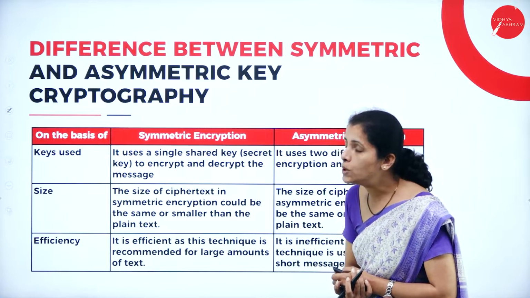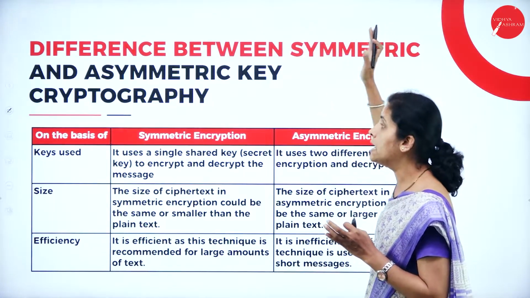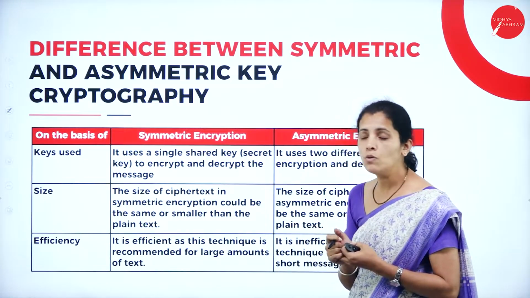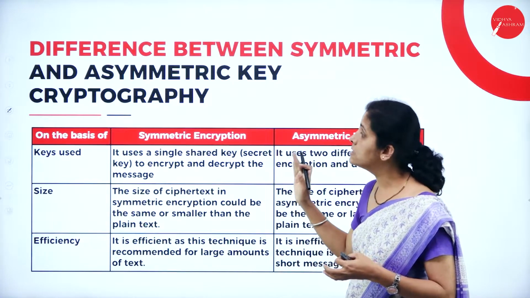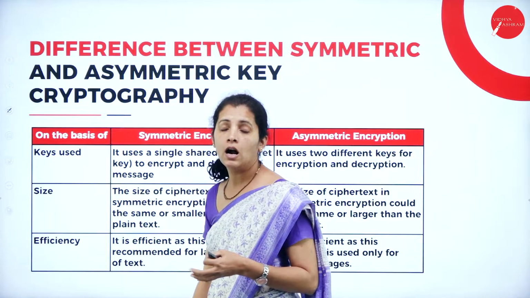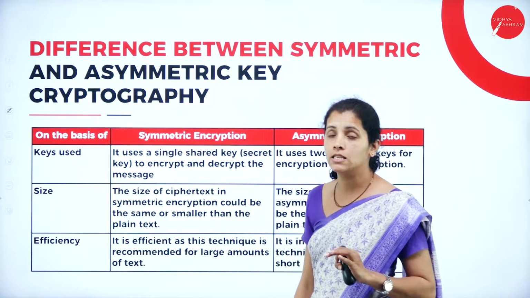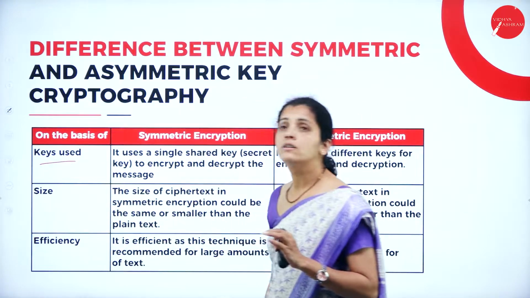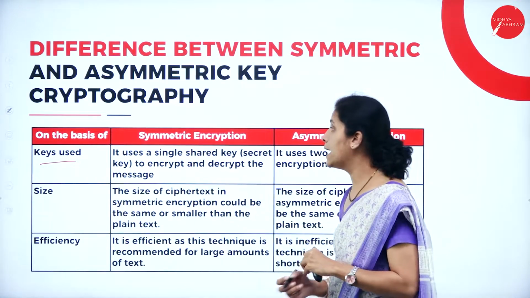Now dear students, let's see the difference between symmetric key as well as asymmetric key cryptographic system. Now see here, I'm going to consider 3 fields on the basis of which I'm going to differentiate symmetric key and asymmetric key. So here, the key used. What kind of key is used by symmetric encryption?